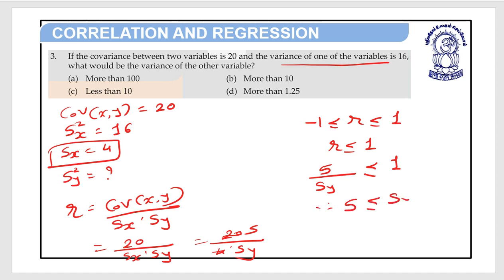So 5 less than or equal to sy, so sy greater than or equal to 5. So variance s square y, both sides square, 5 square is 25. What would be the variance of the other variable?